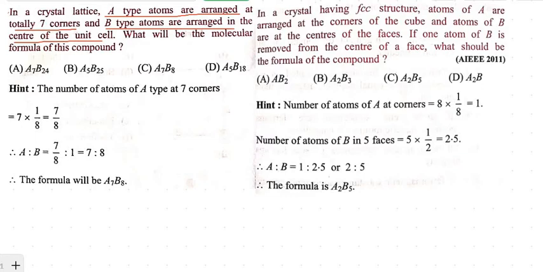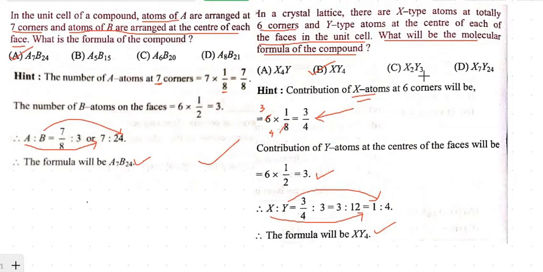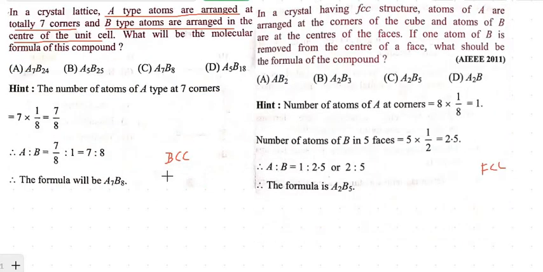So the last two examples were examples of FCC, and this example is of BCC, where you find the B type of atoms arranged in the center of the body cell. Now again look at the table carefully.